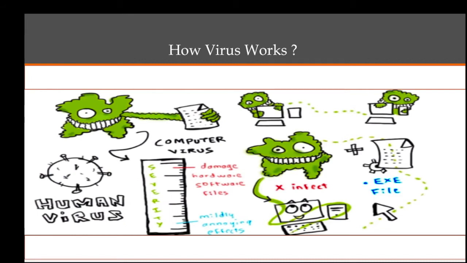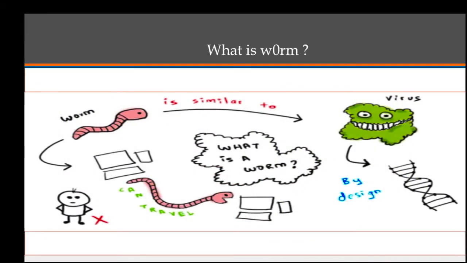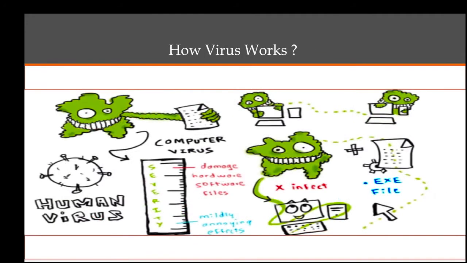Almost all viruses are attached to an executable file, which means a virus may exist in your computer, but it actually cannot affect your computer unless you run or open the malicious code or program. A virus cannot spread without human action.